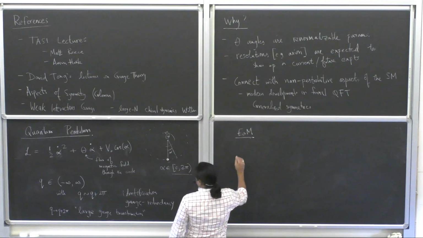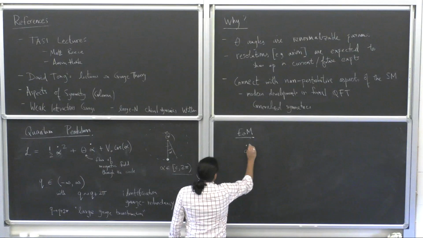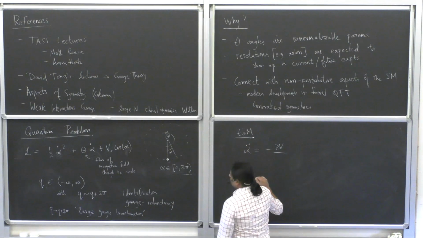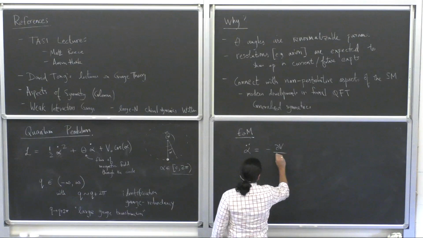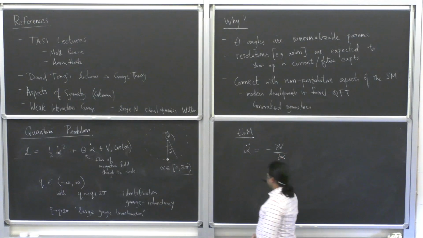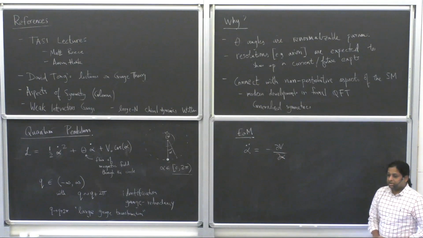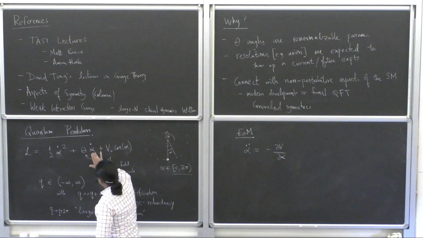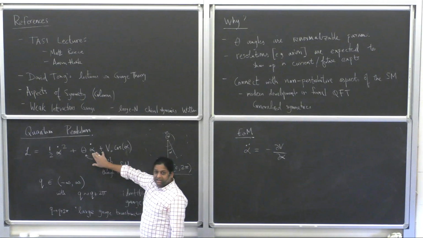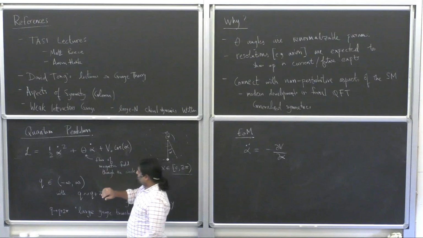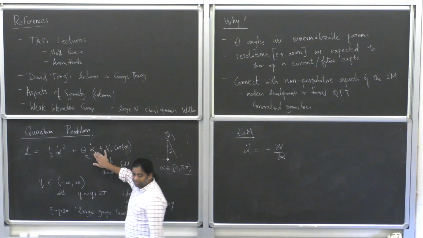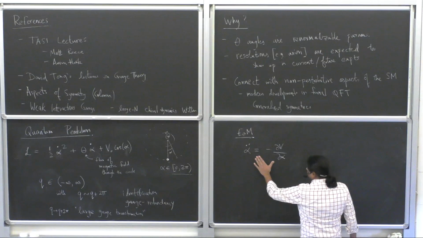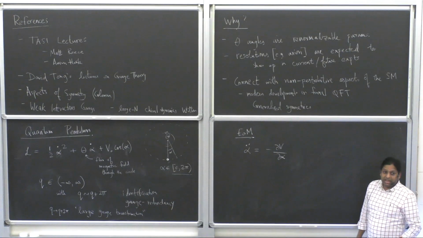The term theta alpha dot is a total derivative in the Lagrangian, just d/dt of alpha, and a total derivative in the Lagrangian doesn't affect equations of motion. So classical equations of motion don't actually see theta.